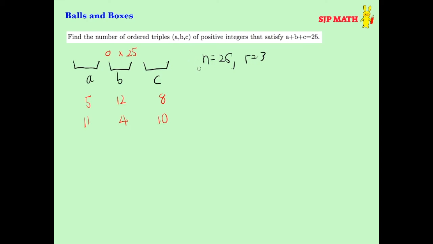So we need to use this formula: n minus 1 choose r minus 1. And we plug in the values again to get 24 choose 2, which is equal to 276.